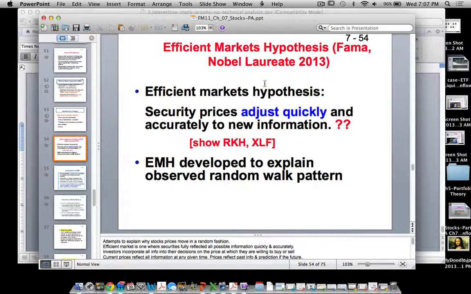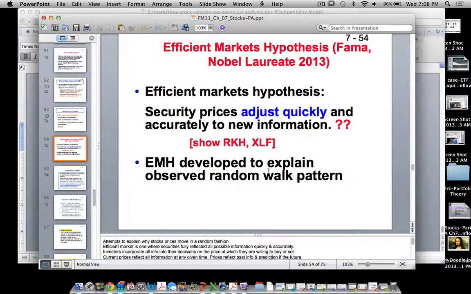So the efficient market hypothesis, like I said, basically holds that security prices adjust quickly and accurately to new information. I already talked about what is new information. New information is definitely not the editorial section in the newspaper the next day, because that is just an analysis of what has happened.